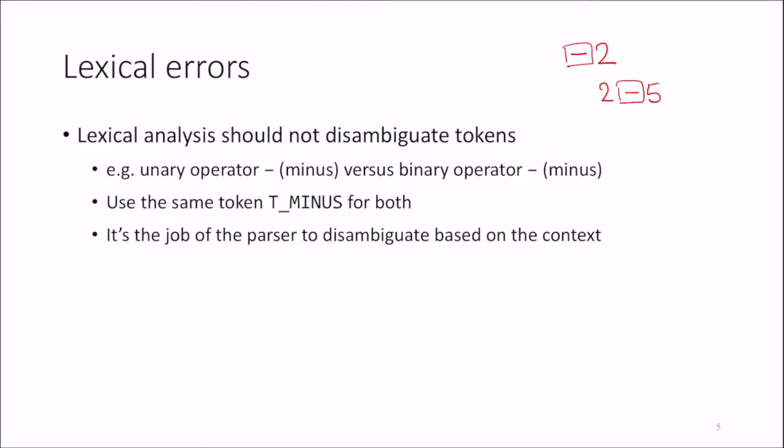From the context of the program, these are quite different because one is a unary operator, one is a binary operator. But a lexical analyzer should not care about the context in which this operator is used. So it should just say this is the T minus token. So it always provides the same token for both. It's the job of the parser to disambiguate based on the context.